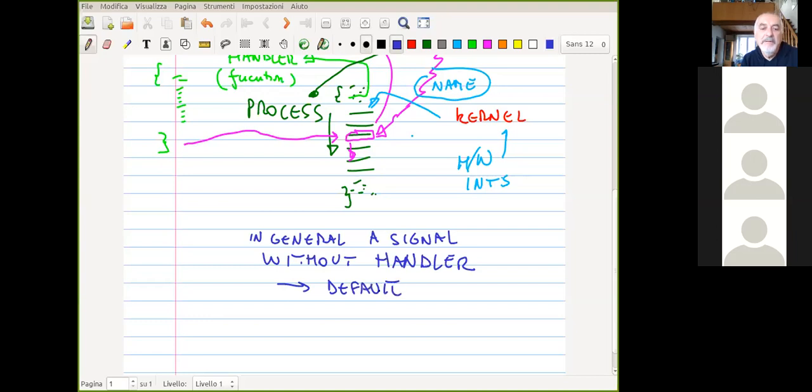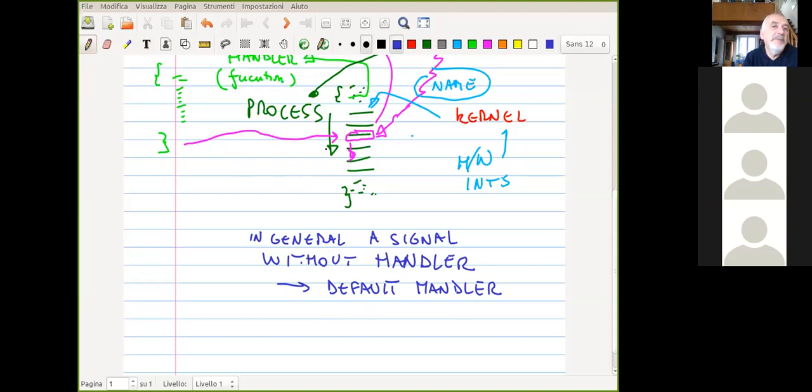Default. Good. Default handler. It would be terrible if you had to write handlers for tens of signals always. You don't write any handler, so default handlers are activated.